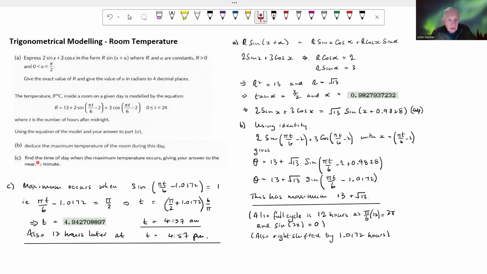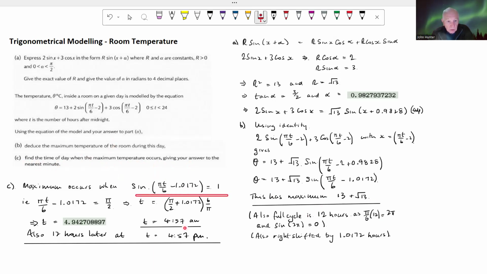Then C, find the time of day when the maximum temperature occurs, giving your answer to the nearest minute. Well, we know what the maximum is, and we know that the maximum is going to occur when this is equal to 1. So basically, that's the equation we're going to solve.